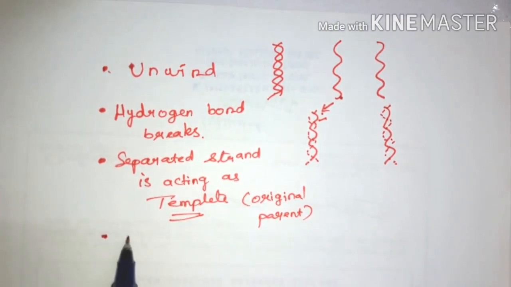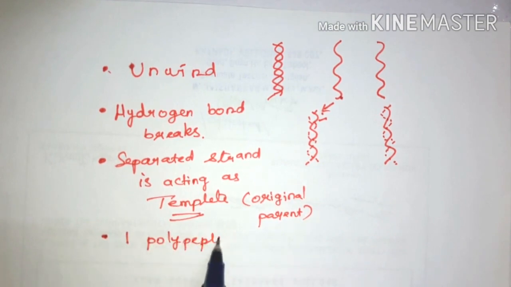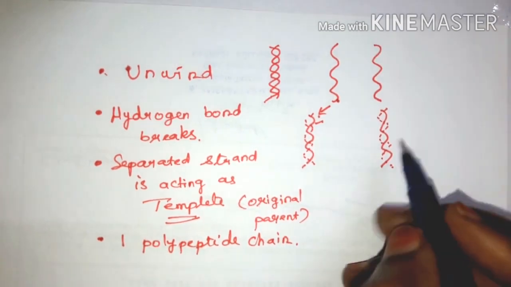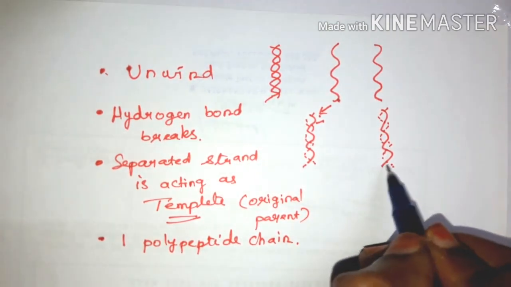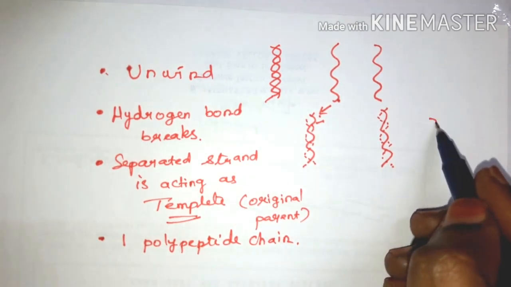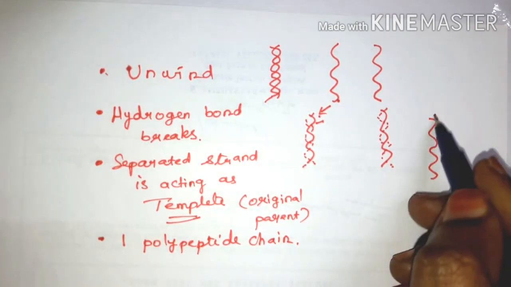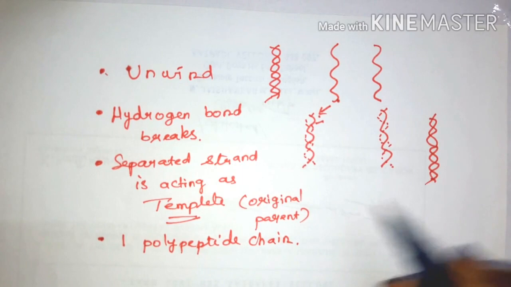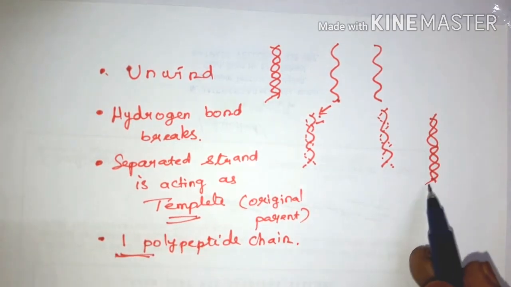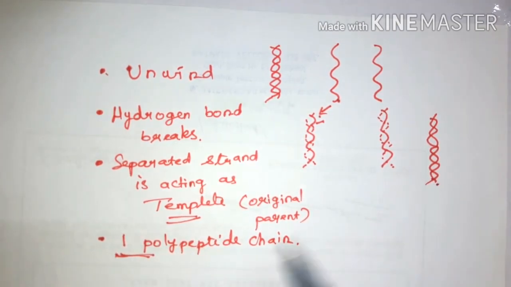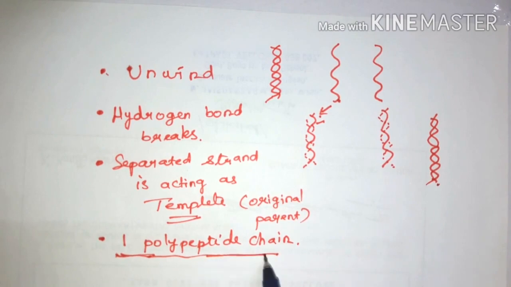Then it will make one polynucleotide chain. Only then will it give the double stranded ribbon shape. If more than one chain is formed, there is no double strand, so it should maintain one chain.